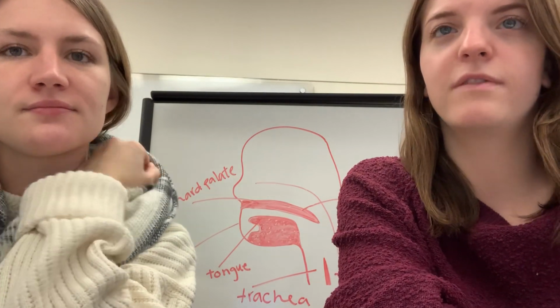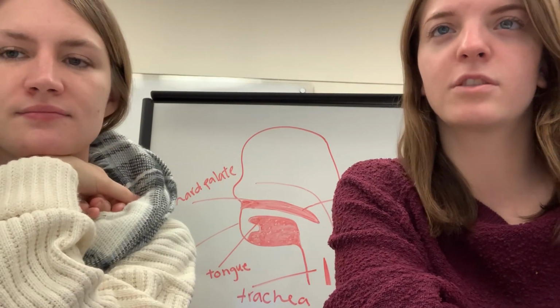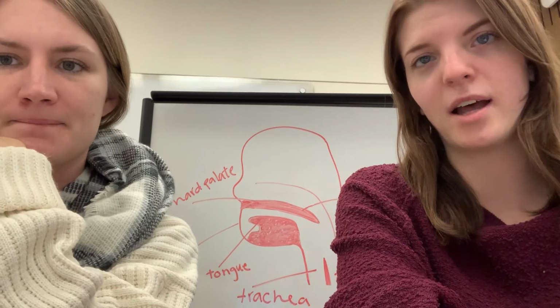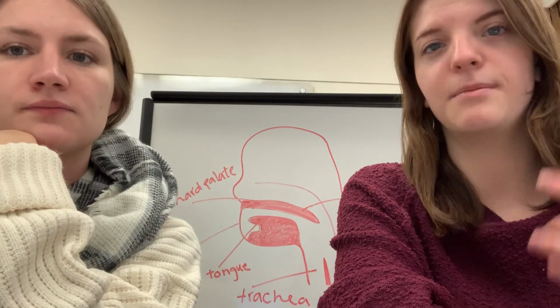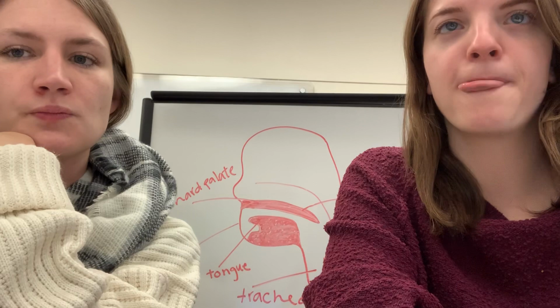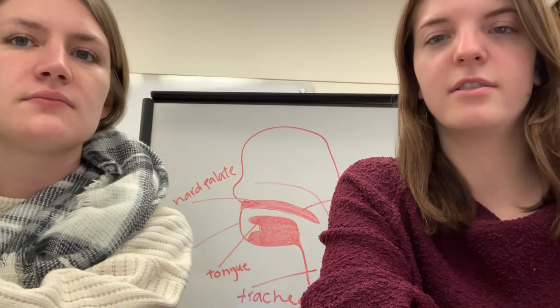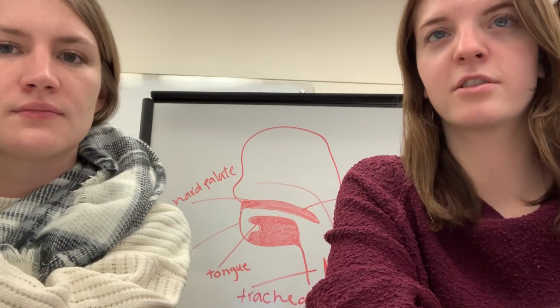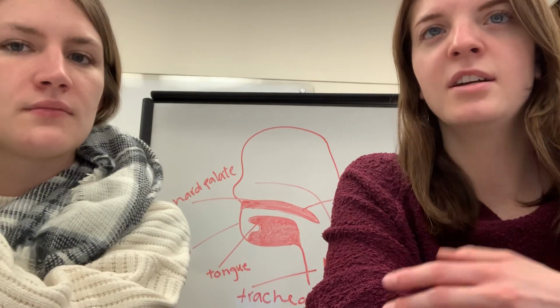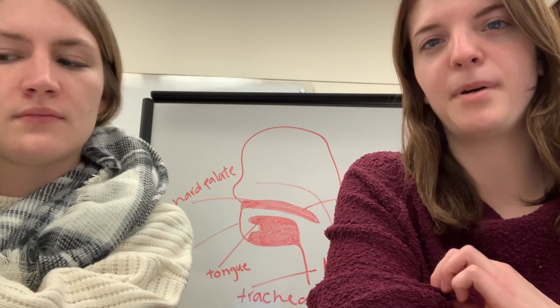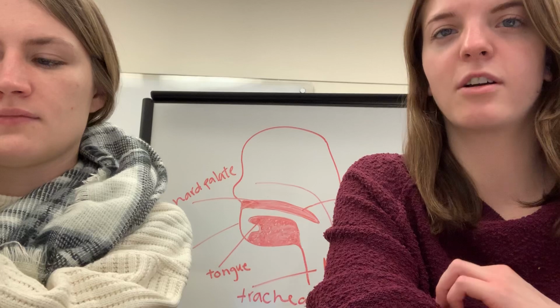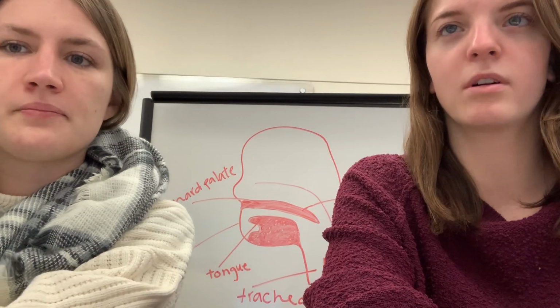The most important structures of this will be the lips, the tongue, and the soft palate, which is also the velum. This is going to be inside our mouth. It's important to know that this helps to create our speech sounds because the lips help move by pressing them together or keeping our mouths open to create words.